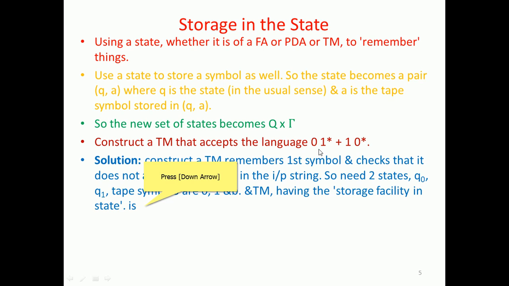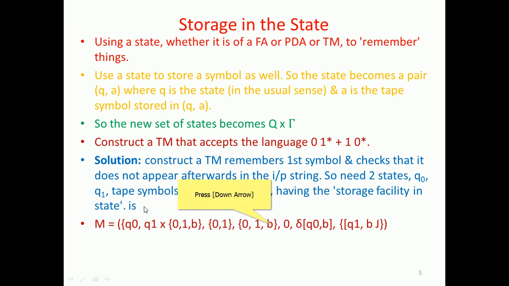The states are q0 and q1. I hope you are following the nomenclature: the states are q0 and q1, and the tape symbols are 0, 1, blank. So the Turing machine has the storage facility in the state itself.